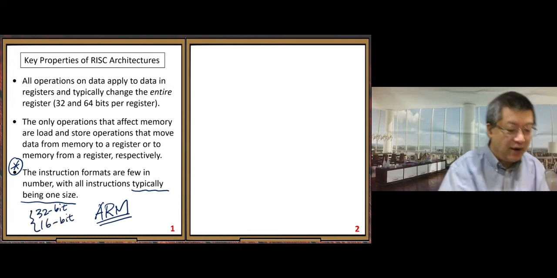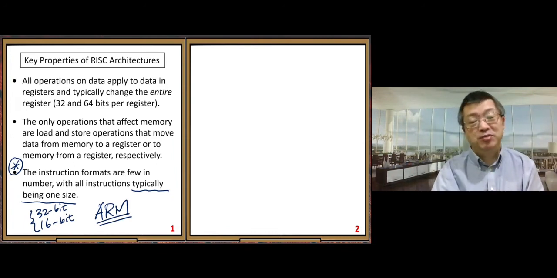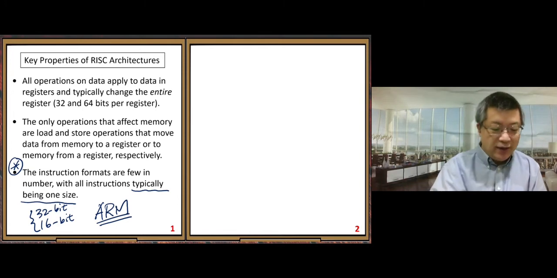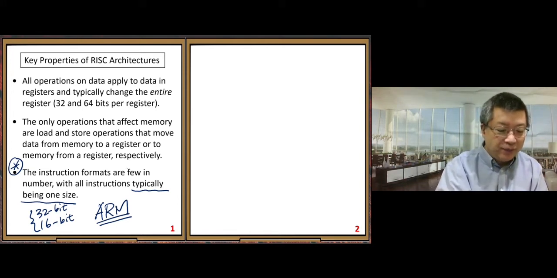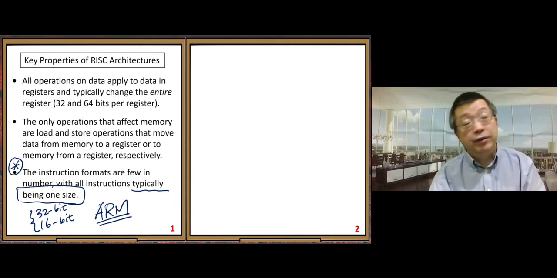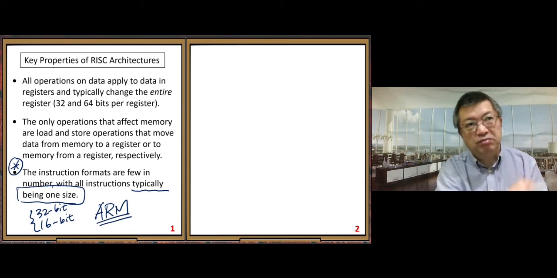Variable length, for some special reasons. So that's why it said all instructions typically being of one size, but not 100 percent, not all in one size. There is some exception there.